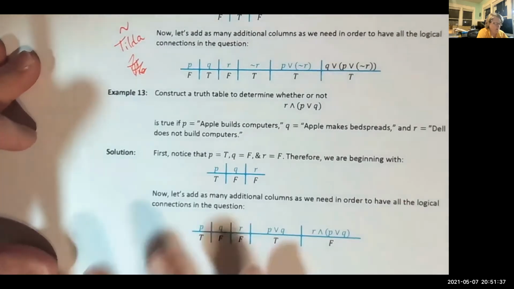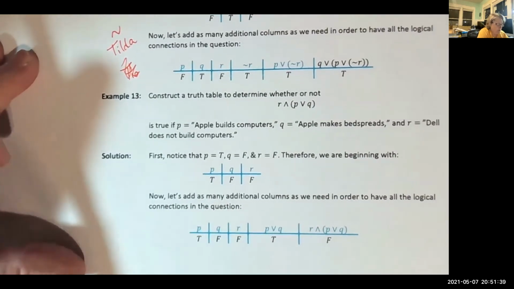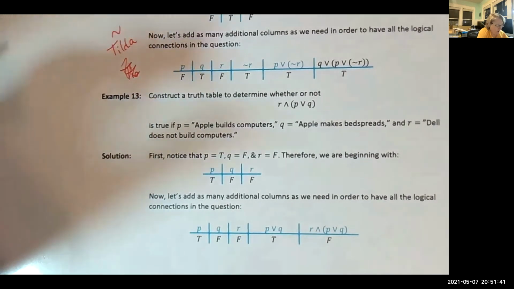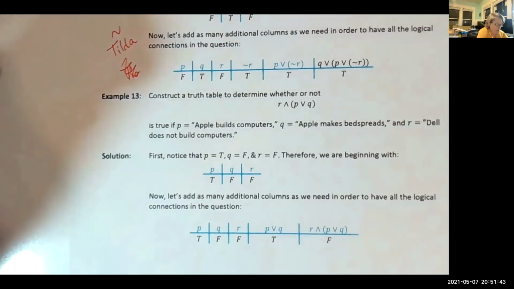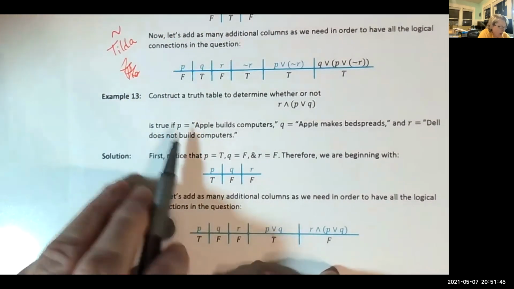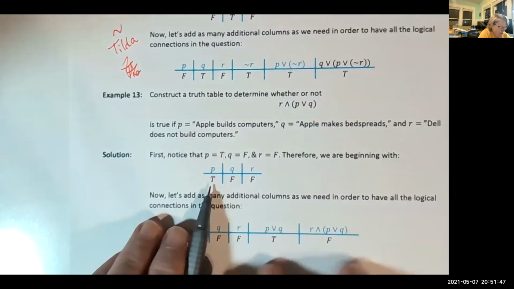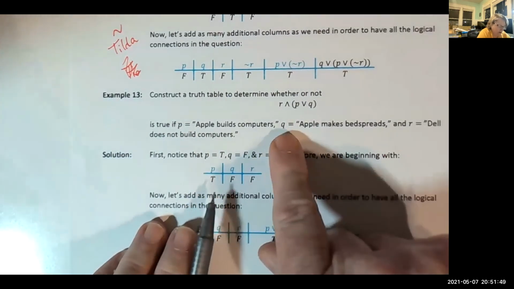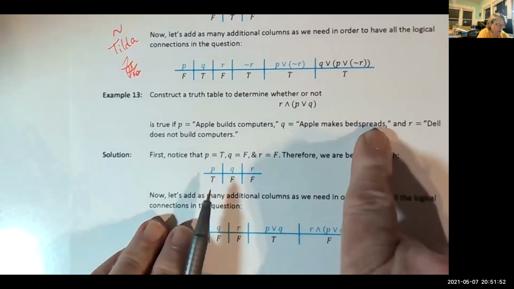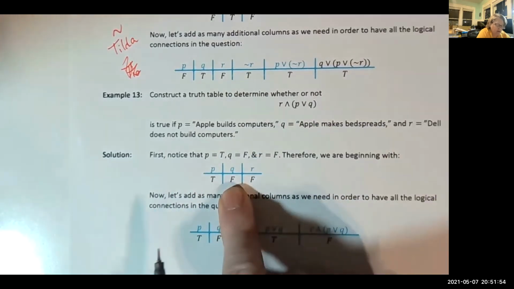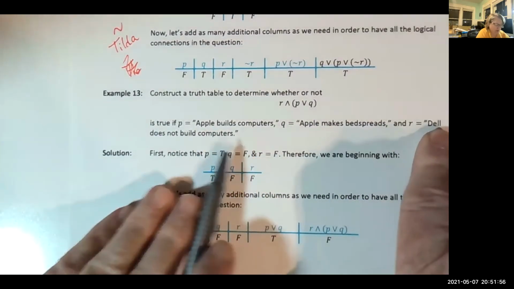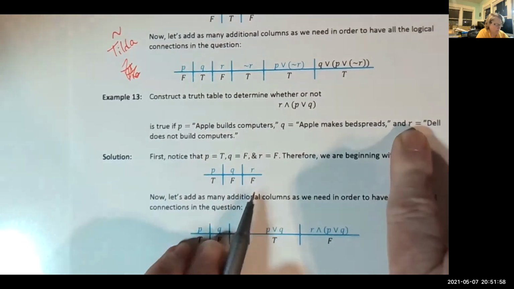Well, this time we have to think about it and determine whether or not P, Q, and R are true or false. Apple does build computers, so P is true. Apple, at least so far, does not make bedspreads, so Q is false. Dell does actually make computers, so R is false.